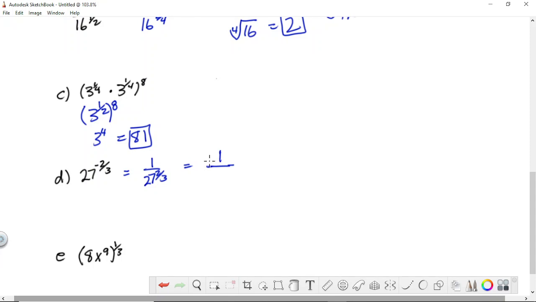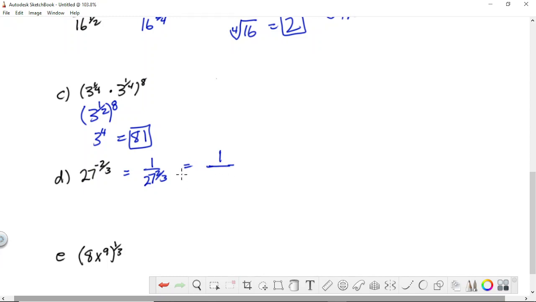So, we're ready to write it in radical form. Now, this is one of those where we have the 27, we have the base raised to a rational power. We're done doing all the arithmetic we can do on that exponent, and now that's when you put it in radical form and finish simplifying it.